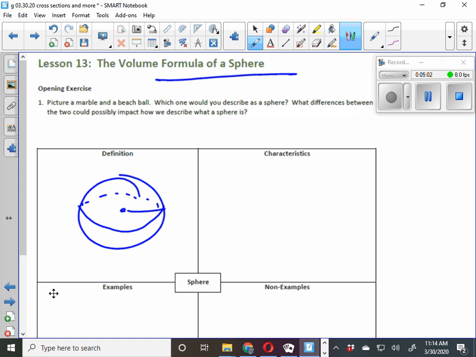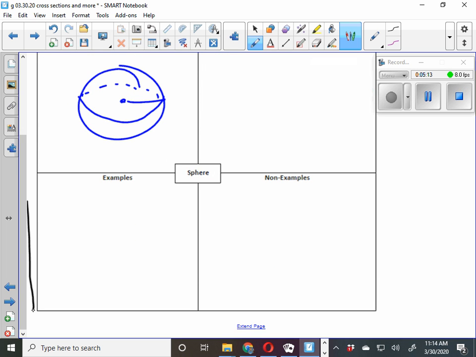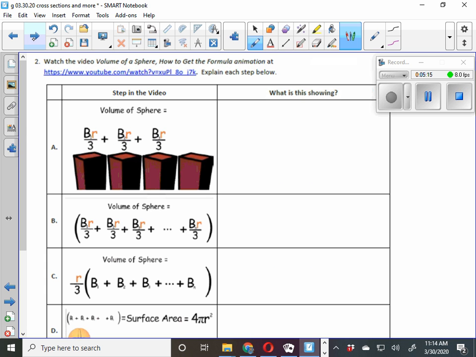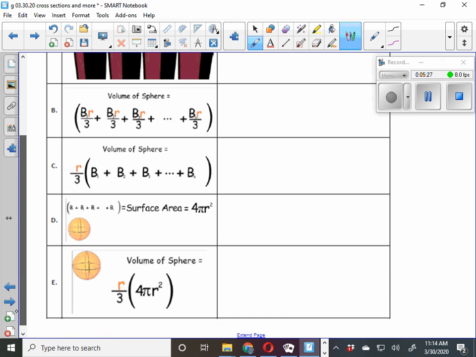Actually, the Earth isn't a complete sphere. It's more of an ellipse, but that's beside the point. They walk us through how they come up with these formulas, and if you want to, it's actually kind of a cool process. I am going to just give you that formula.